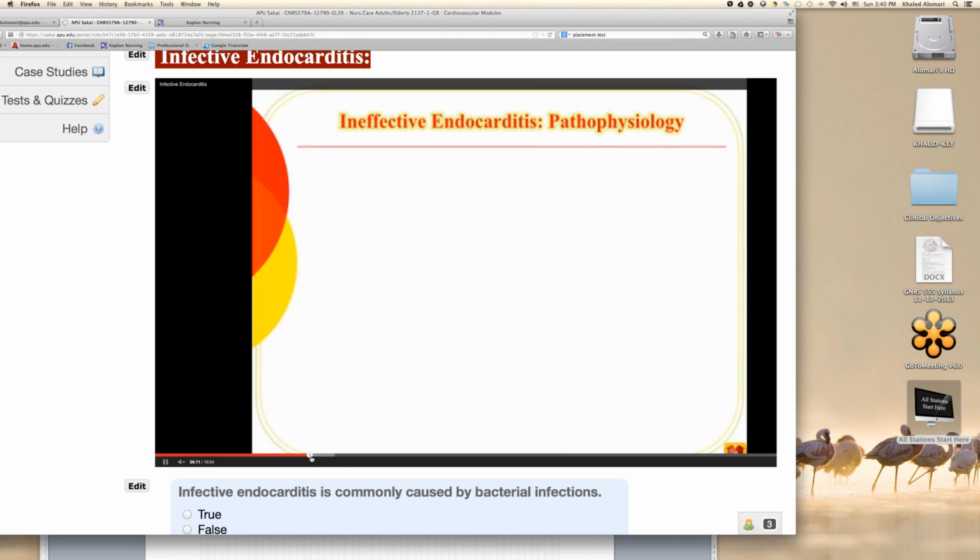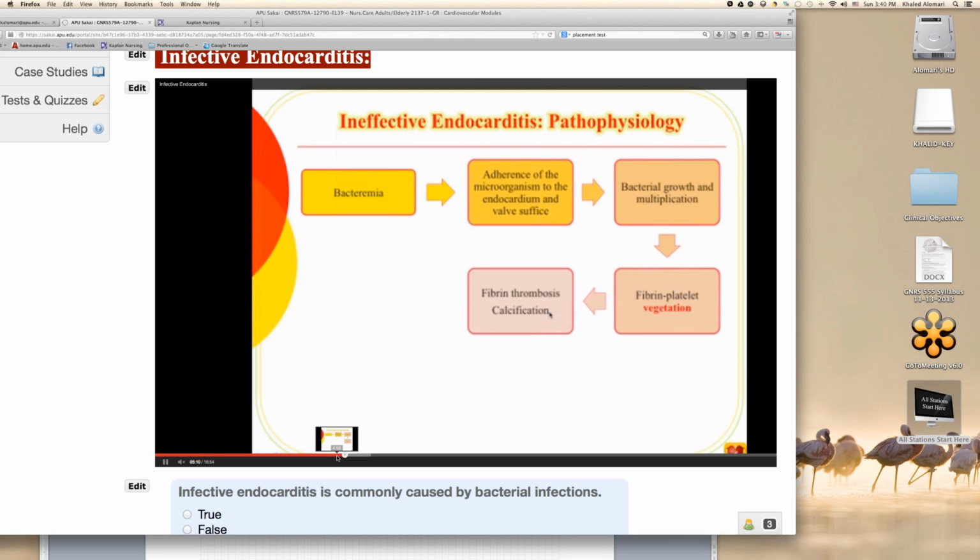As far as pathophysiology, simply, it starts with an invasion of a microorganism that most likely is a bacteria, through a dental procedure or through IV drug abusers, and then the rest is growth and colonizing of bacteria.